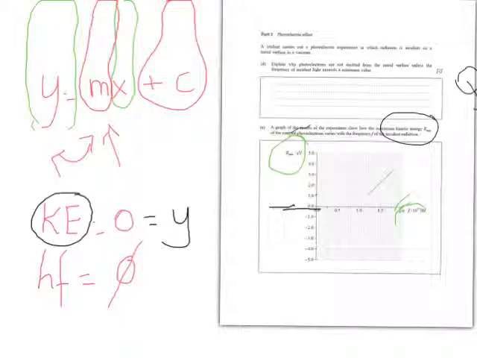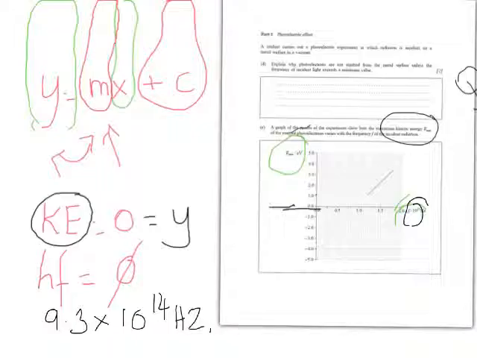So what you would need to do in that case is follow the line down to where it hits the x-axis, because at x equals this point, y equals 0, and therefore the kinetic energy equals 0, and hf equals the work function. The value of the intercept on the f-axis is approximately 9.3, and don't forget to read the axes. So it's times 10 to the 14 hertz, which you can see if you follow this line down.